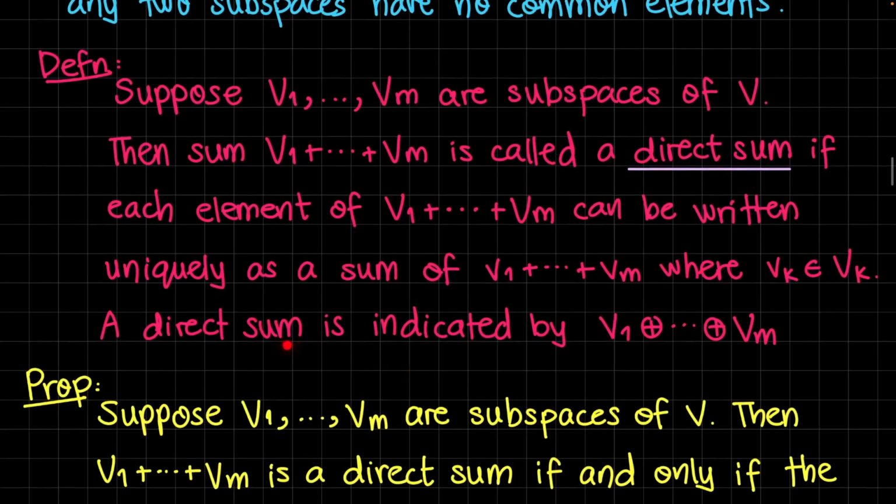We differentiate between a regular sum of subspaces and a direct sum by using this ⊕ symbol: we do a plus and encircle it like that.